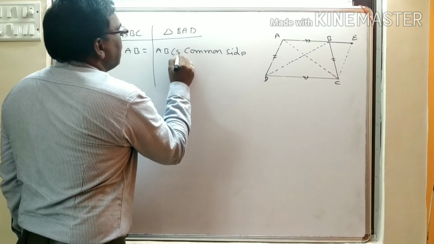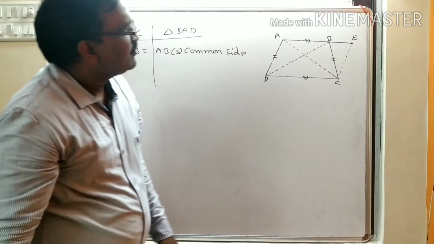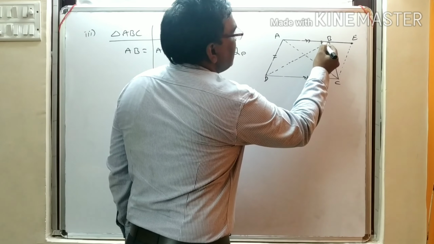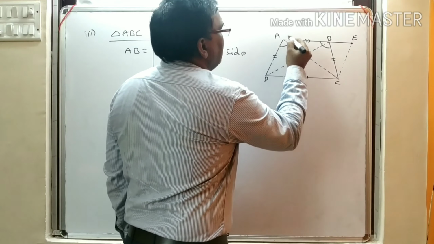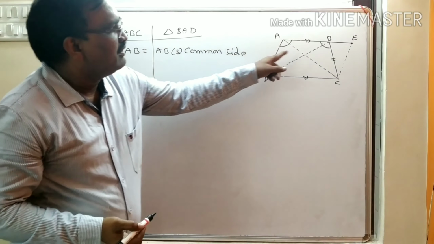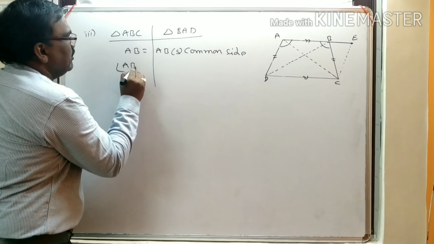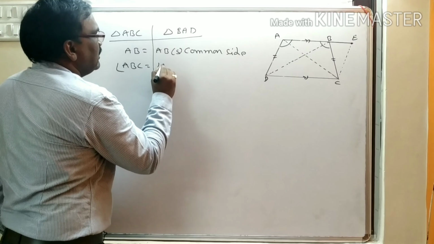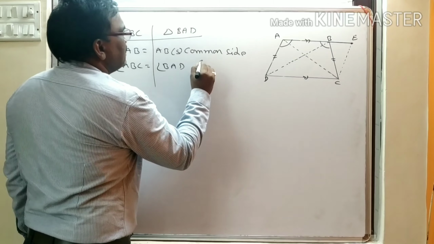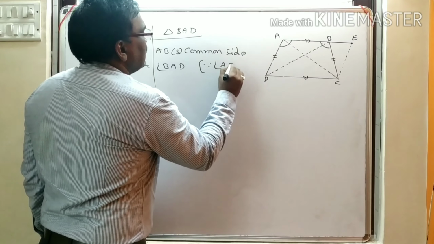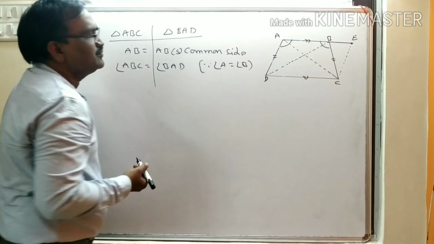This is one side. Next, what is this angle? Angle ABC and angle BAD are equal. Angle A is equal to angle B. Angle ABC is equal to angle BAD, since angle A is equal to angle B.